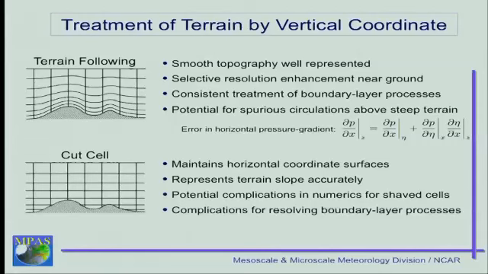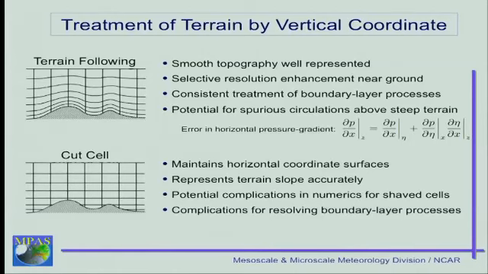numerical errors which can induce spurious circulations, particularly above steep terrain. And this is probably the biggest issue in computing the horizontal pressure gradient in the horizontal momentum equations, where one needs to compute this pressure gradient at constant z by taking a pressure gradient along the coordinate surface, which is sloped, and then correcting that back to this constant height by interpolating or extrapolating a vertical pressure gradient to get it back.